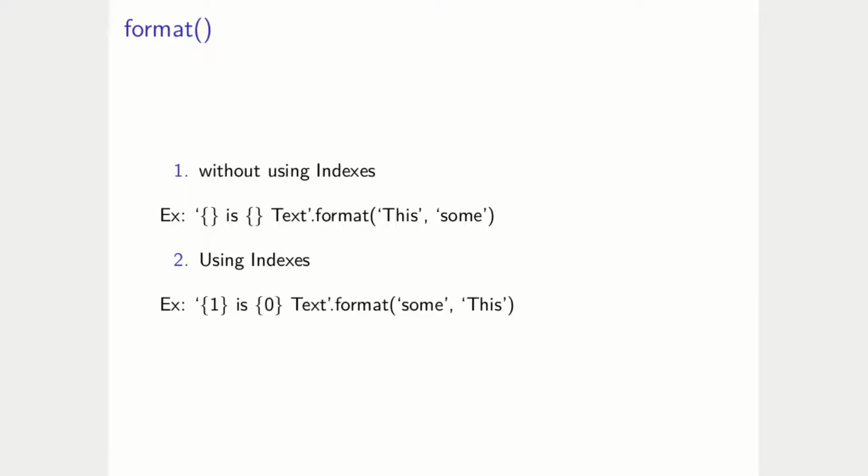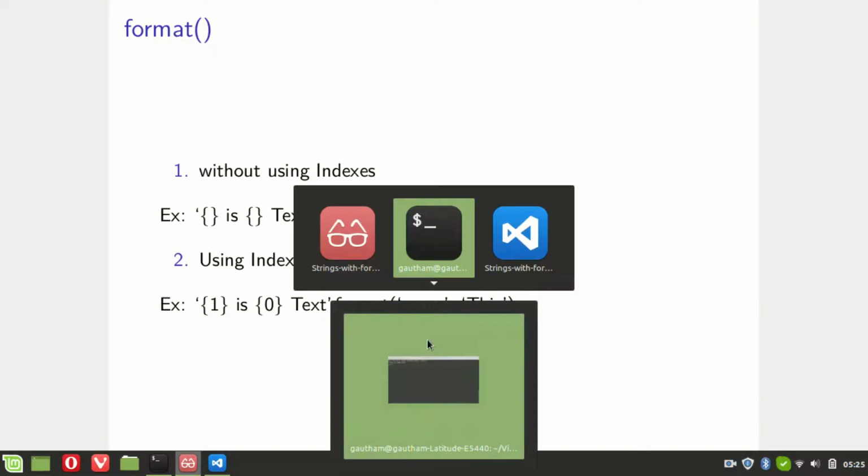The arguments that you are sending to a format method are actually indexed, which means each argument has an address relative to the other arguments in that particular method. The indexing starts from 0, so some is 0, this is 1 in this context.